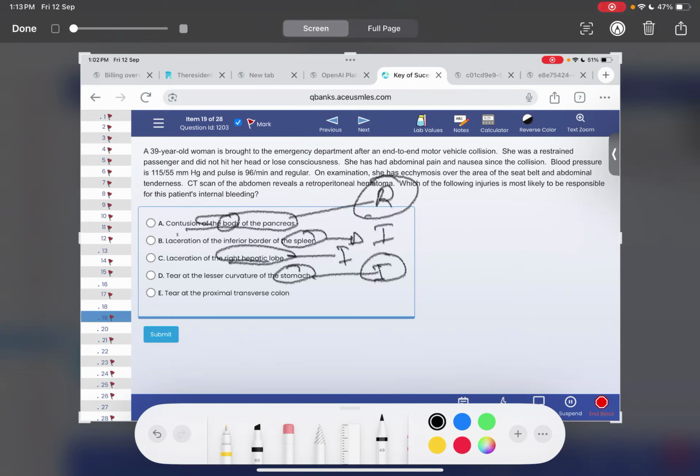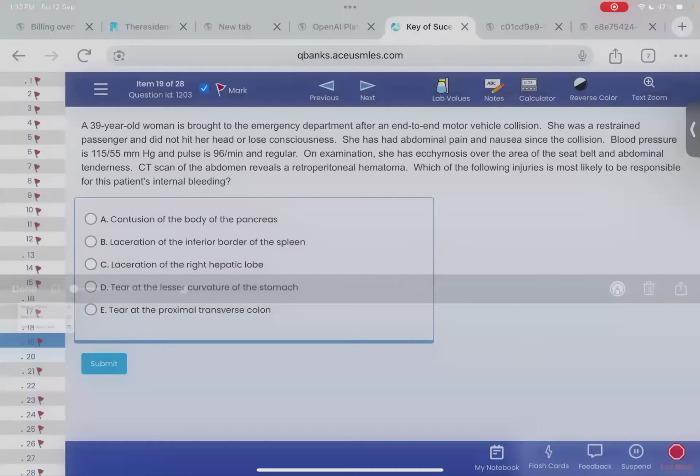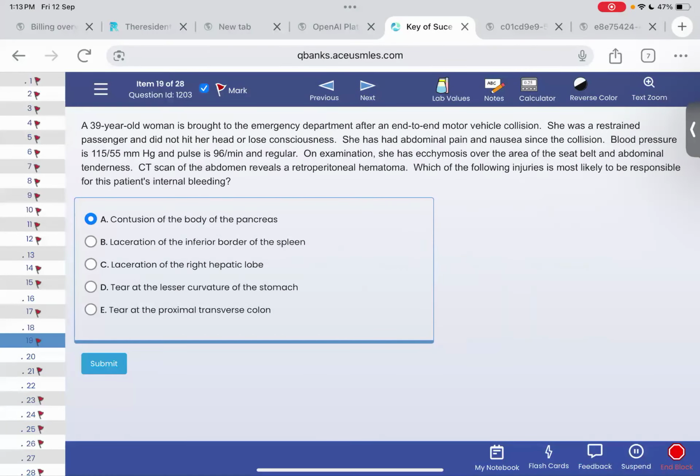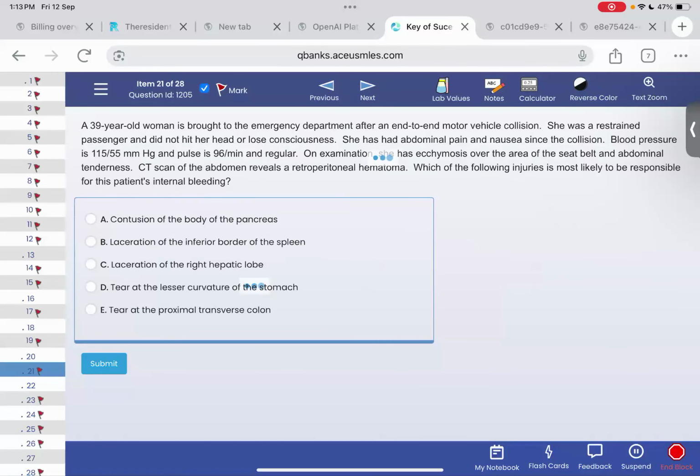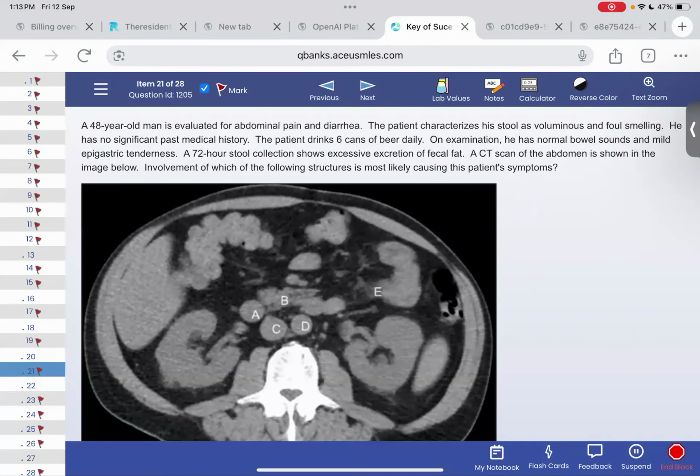Proximal part of the duodenum, intra. Perfect. That's the point to remember.